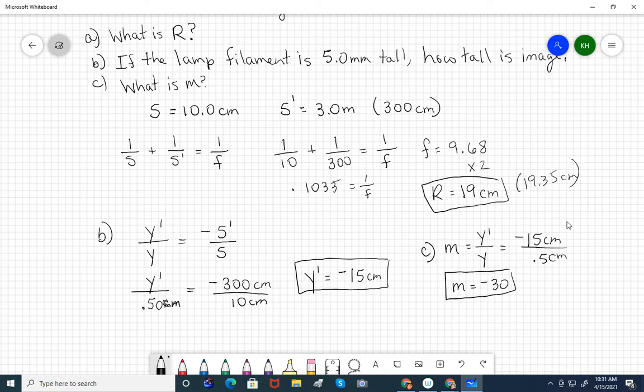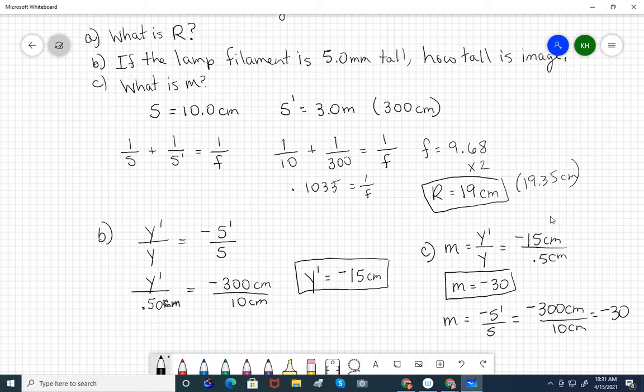That means it's 30 times bigger, but it also means that it's been inverted. The other formula for magnification is that it is the ratio of negative s prime over s. So in this case, that would be negative 300 centimeters over 10 centimeters. But you see, that also gives us a negative 30. So it didn't matter which of those formulas I used.